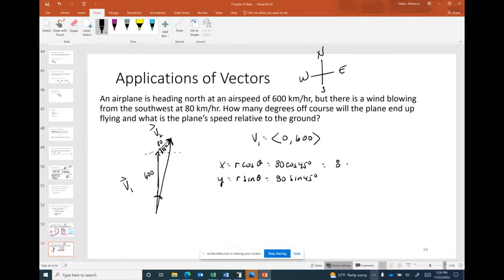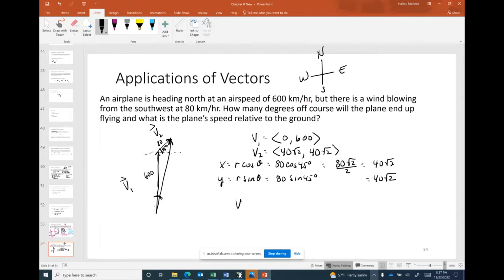So this is going to be 80 times the square root of 2 over 2, which will simplify to 40 times the square root of 2. Yep, we're up here in quadrant 1, so we don't need to worry about signs or anything. So my components for vector 2 in component form are 40 times the square root of 2 for the horizontal and 40 times the square root of 2 for the vertical.